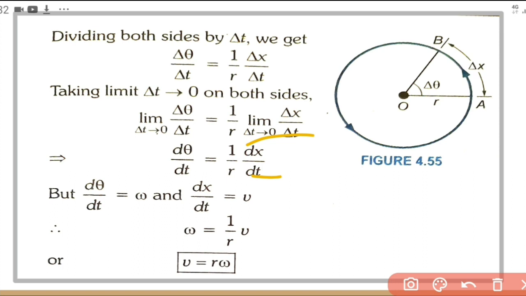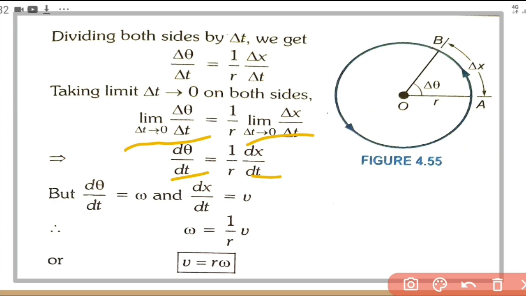And limit delta t tends to 0 delta theta by delta t, that is d theta by dt. So our expression becomes d theta by dt equal to 1 by r dx by dt. So substituting for d theta by dt as omega and dx by dt as v, we have omega equal to v by r, or v is equal to r omega.